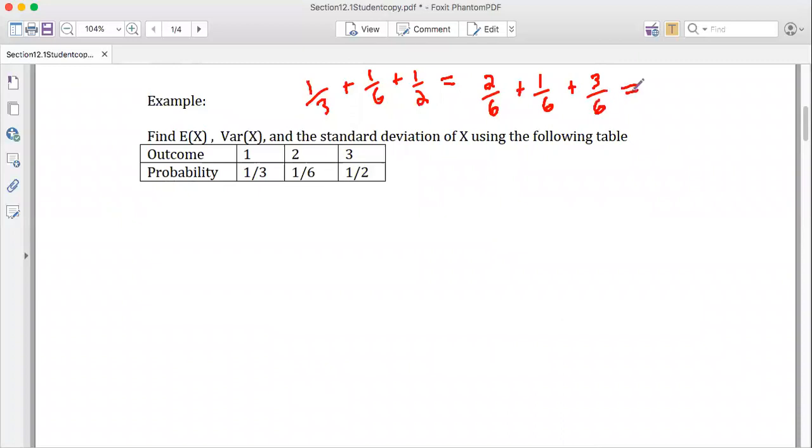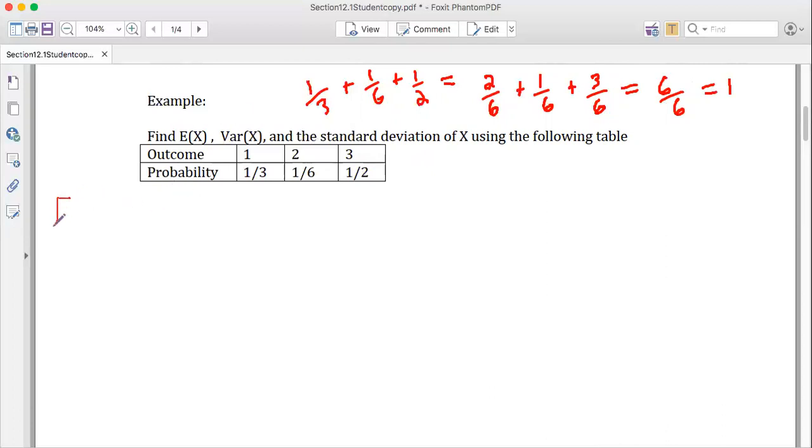And if I add these all together, 2 plus 1 plus 3 gives me 6/6, gives me 1, which is what I'm looking for. I want to make sure that all of my probabilities sum to give me 1. Think of that sort of like 100%. That means I haven't left anything out. It means I have all of the different outcomes here. But that's just a way we could check to make sure our probability table is correct.